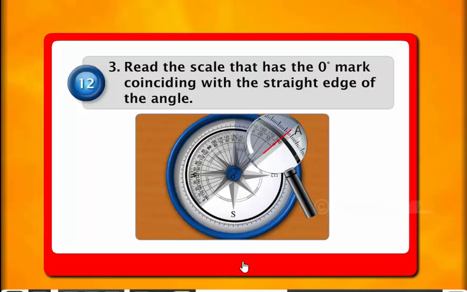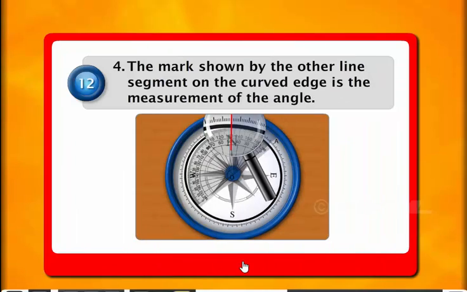Three, read the scale that has the 0-degree mark coinciding with the straight edge of the angle. Four, the mark shown by the other line segment on the curved edge is the measurement of the angle.